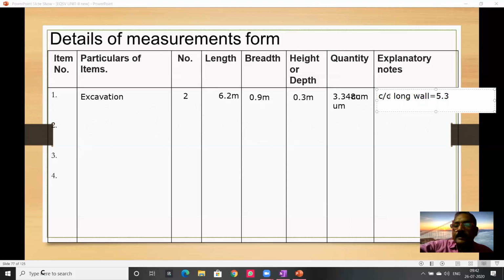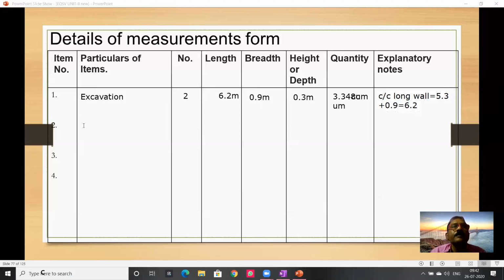As it is a symmetrical foundation, you add 1 with 0.9, and you will get 6.2. In this way, you have to calculate all the items.